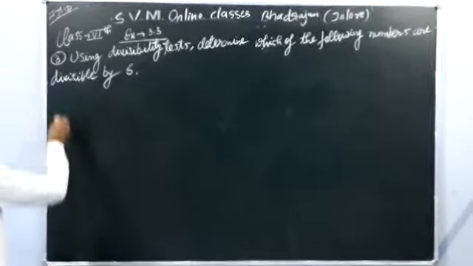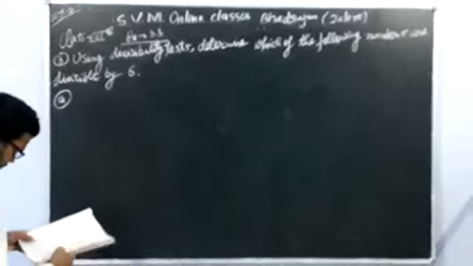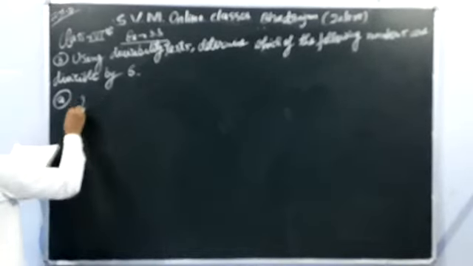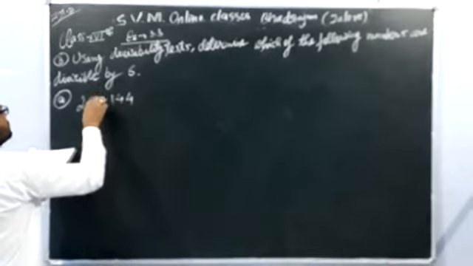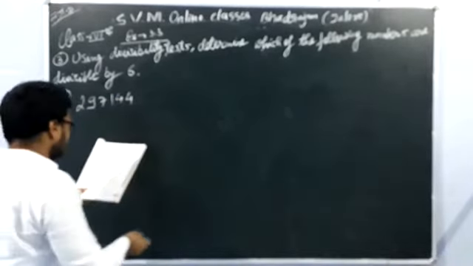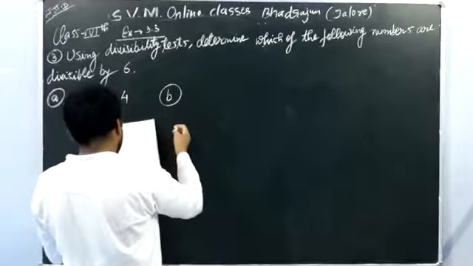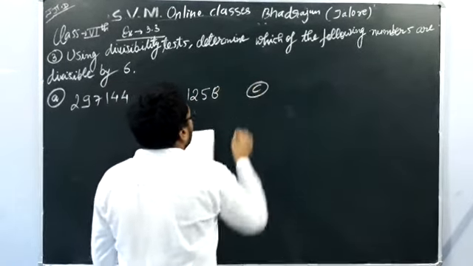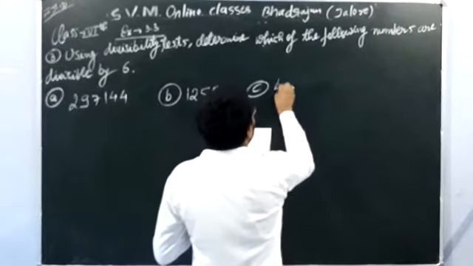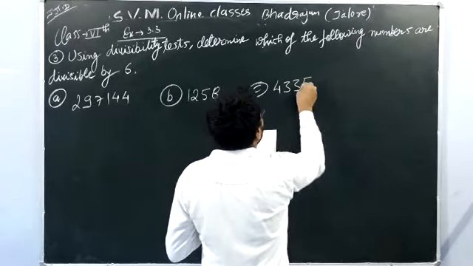Our part A is 297144. Part B is 1258 and part C is 4335.